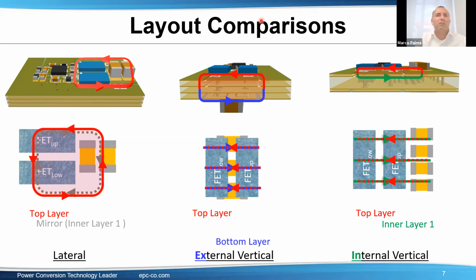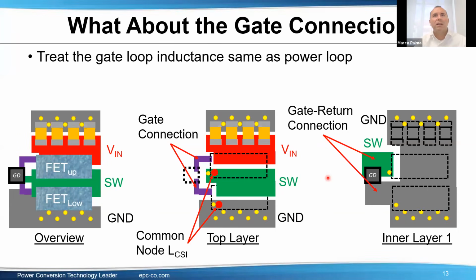I suppose this is the slide we're talking about. So the gate connection here, the point is that for the high FET, the switch node is the return. For the low FET, the ground is the return.